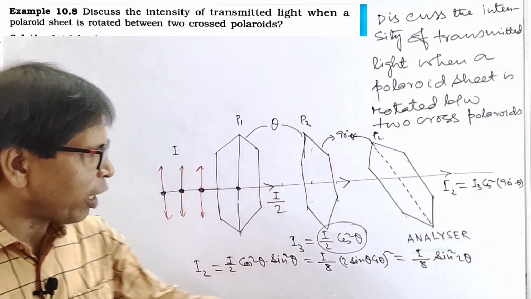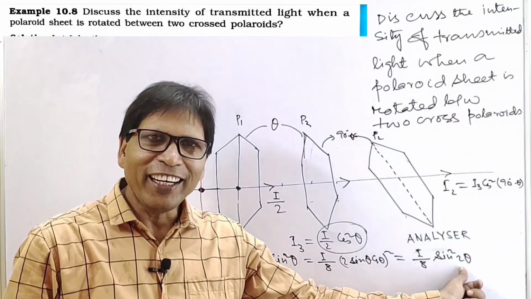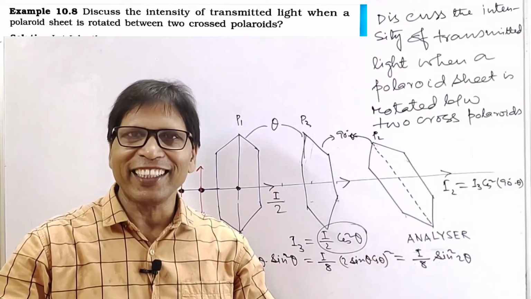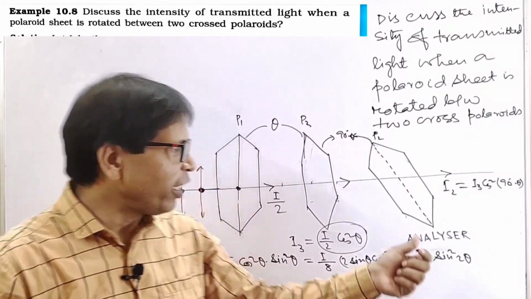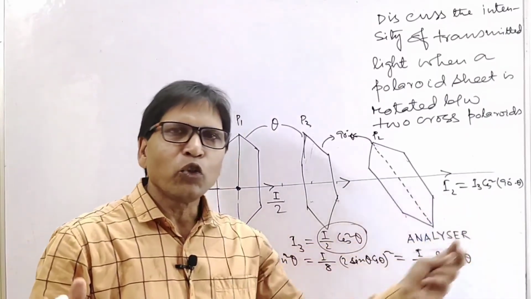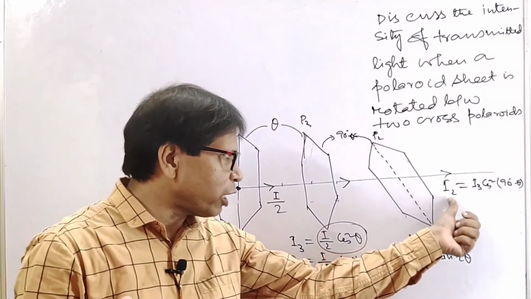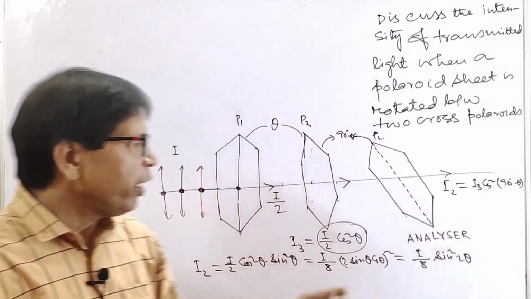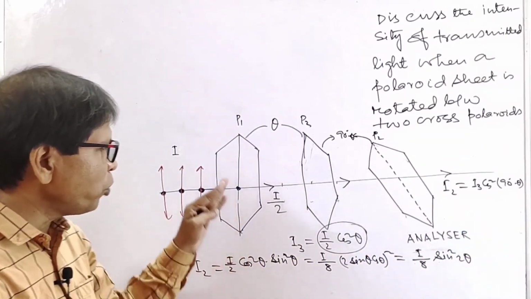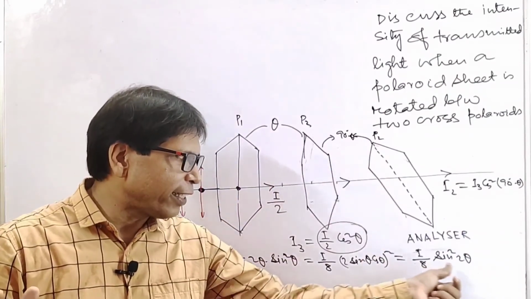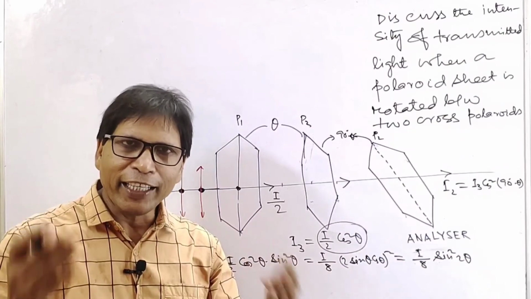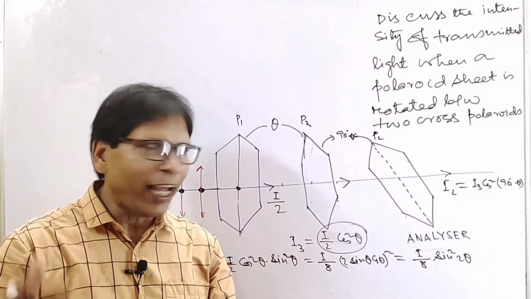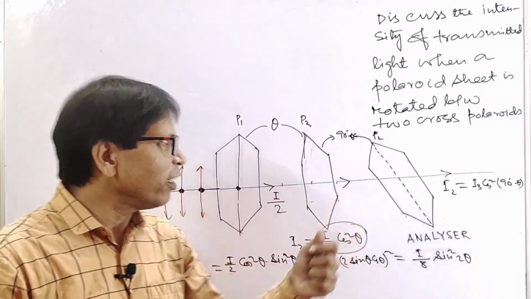Now the intensity becomes maximum when 2 theta equals 90 degrees, that is theta equals 45 degrees. So the intensity of the final transmitted ray I2 varies from 0 to maximum at the angle of 45 degrees, then again decreases to 0 at the angle of 90 degrees.